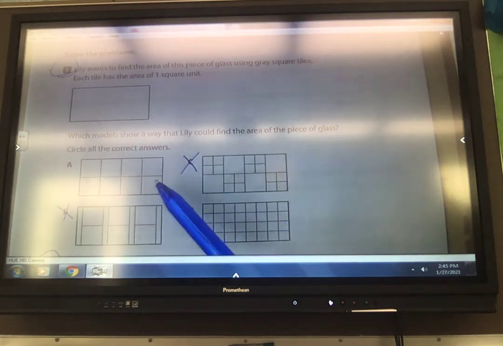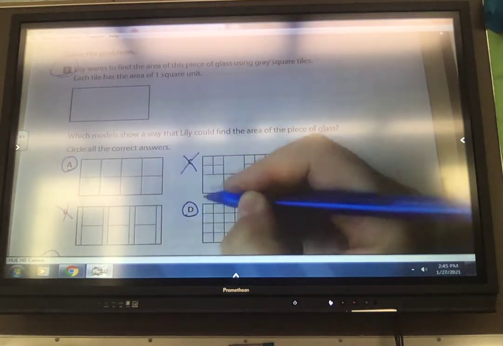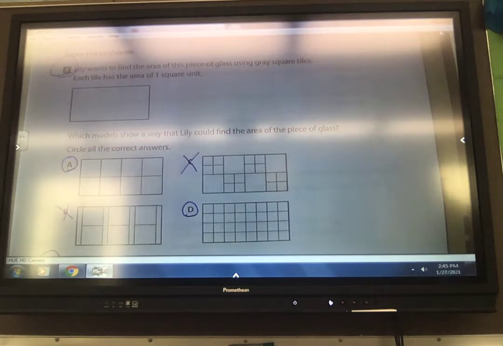Now, A is using squares and D is using squares. Since they don't tell me how big my square has to be, both A and D could be how she found the area of her glass. So A and D are our correct answers.